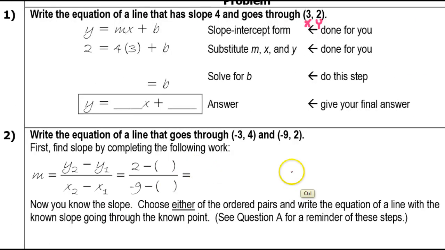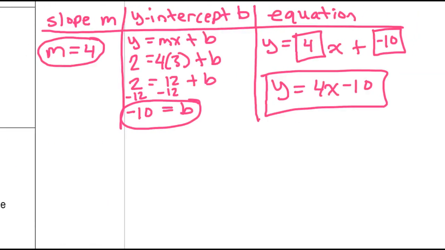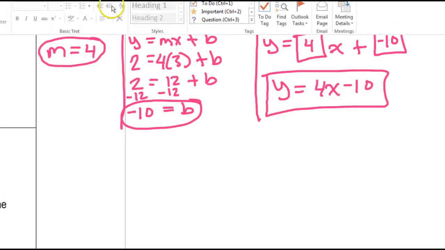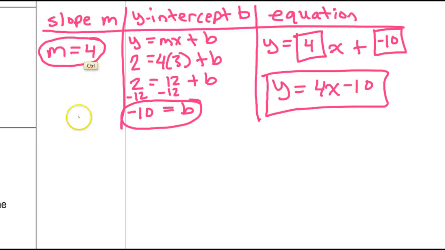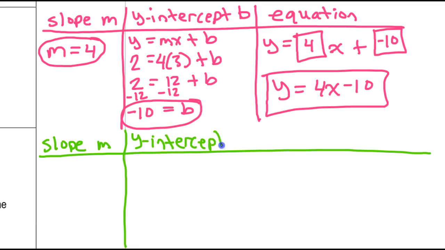Okay, let's go on to problem number 2. This time we're given 2 points, but again, I am going to use the chart method because that is what I love to do. So here comes my chart method, and it's going to be slope m, y-intercept b, and equation.